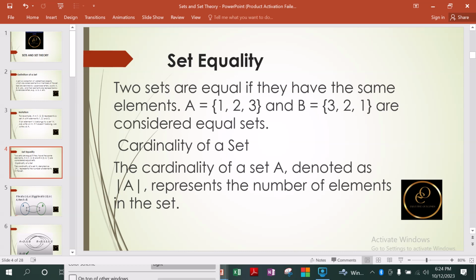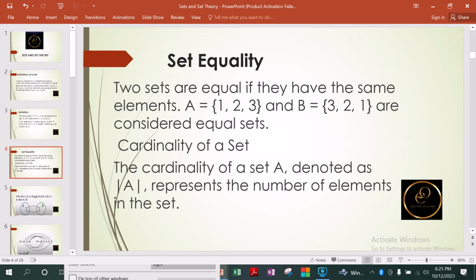Then we talk about the cardinality of a set. Cardinality of a set is simply the number of elements in the set. So when you hear of cardinality of a set, you are trying to find the total number of elements in the set.